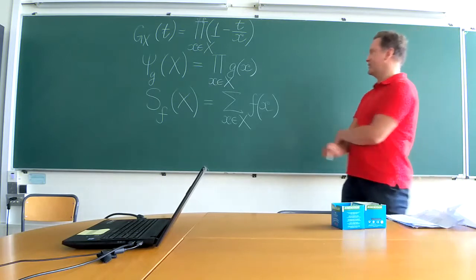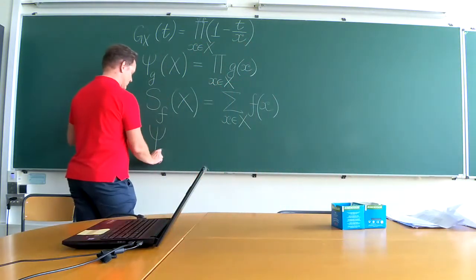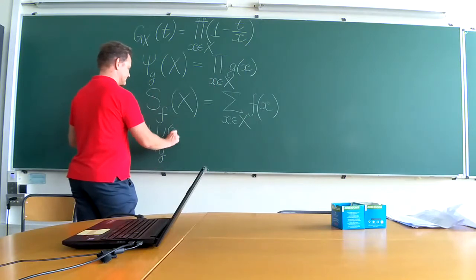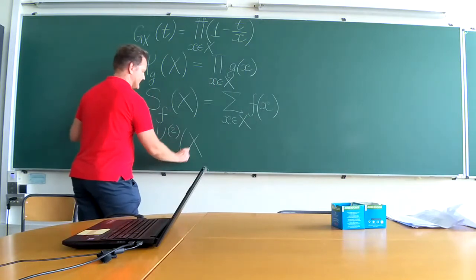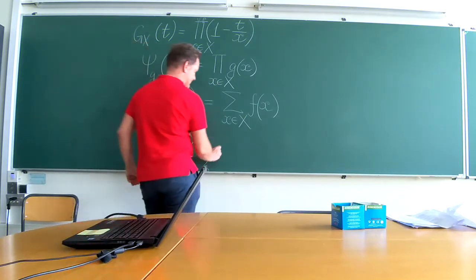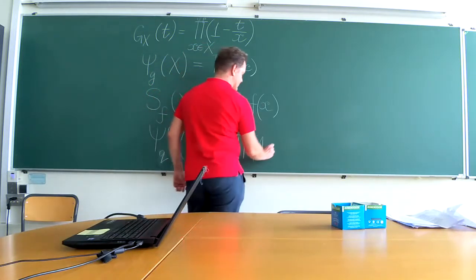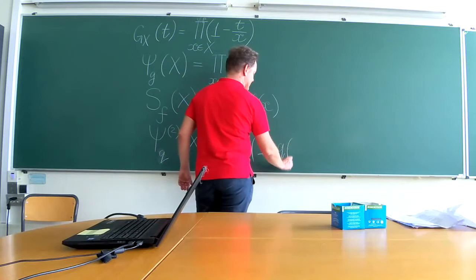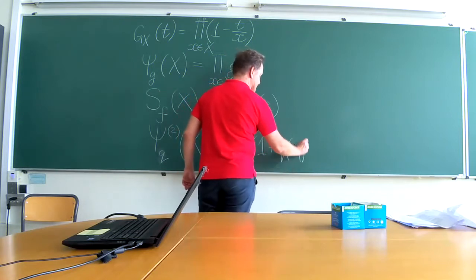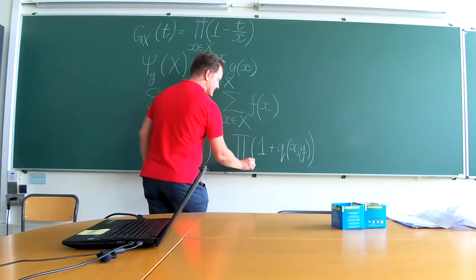So one object that we will need, let me denote it maybe q. And let me write like this inside of the product 1 plus q of x, y, where x, y are in X and are distinct.